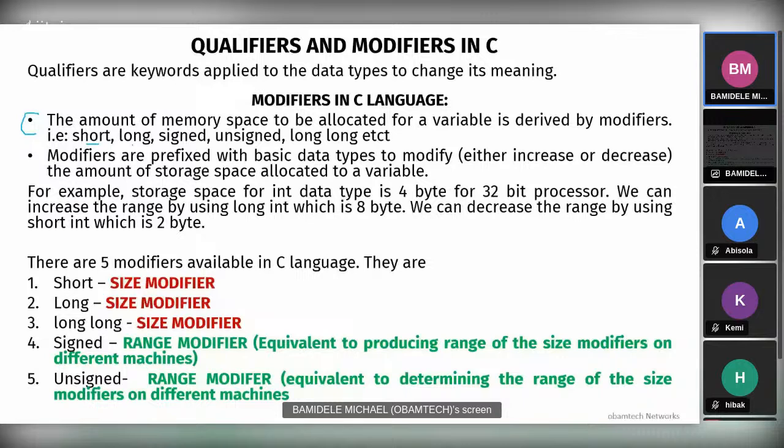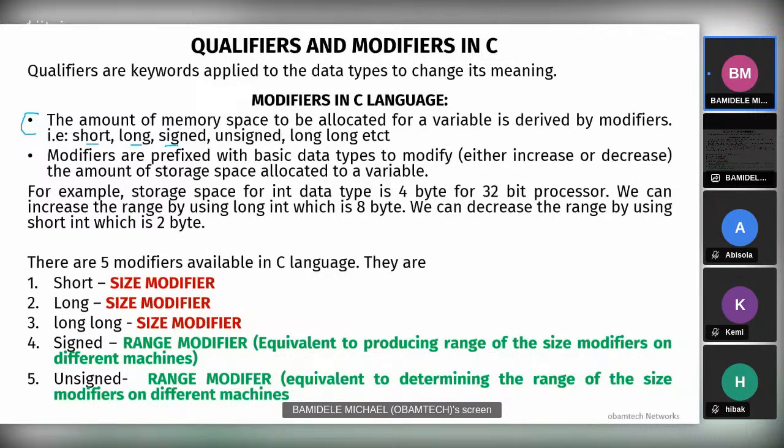If it is signed, or unsigned, there's an amount of space. Modifiers are prefixed to basic data types to modify, that is, to either increase or decrease the amount of storage space they occupy. So modifiers are actually used to manipulate the amount of space.